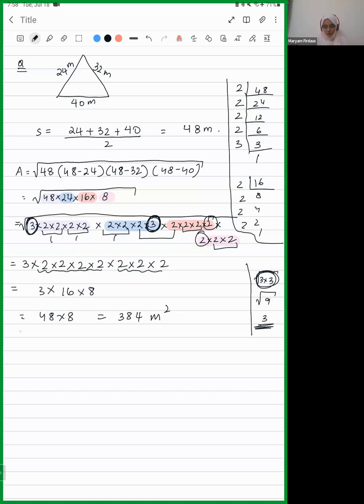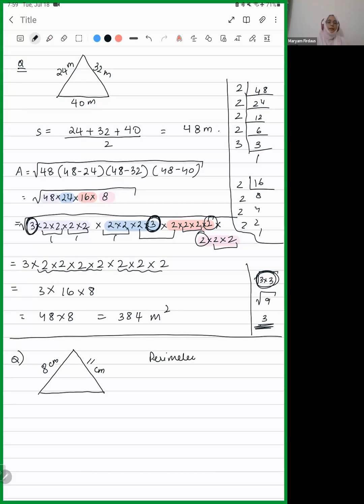Let's do another question. So the question is, find the area of a triangle whose two sides are 8 centimeters and 11 centimeters.